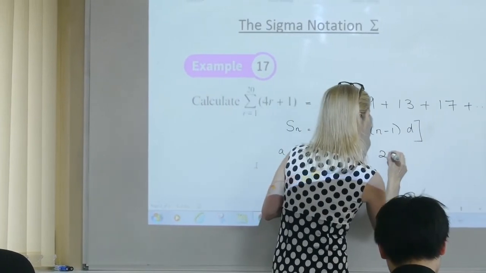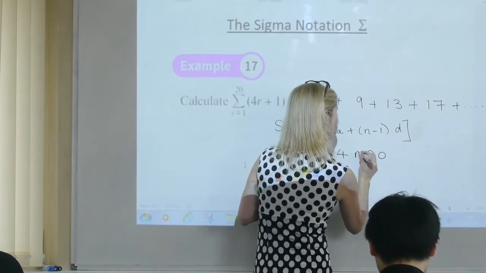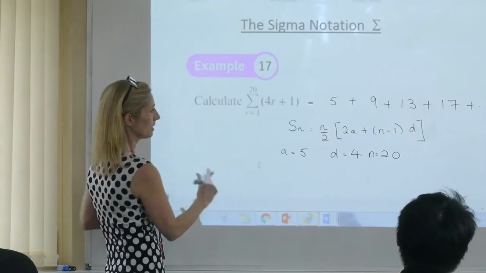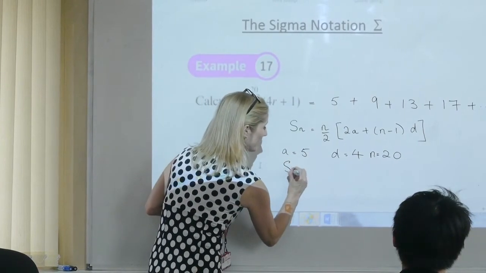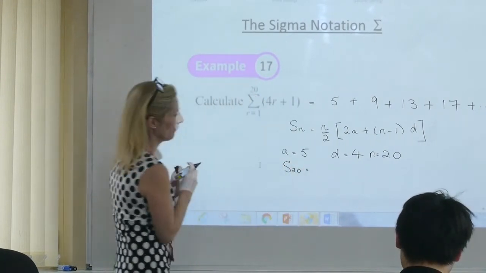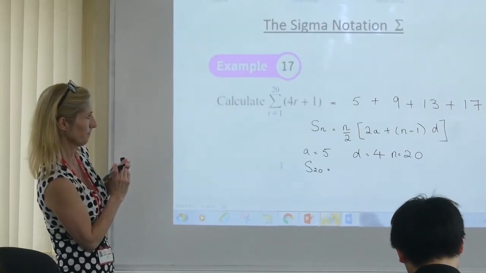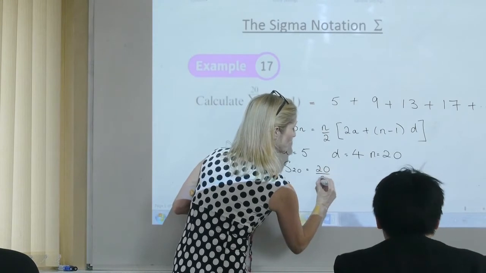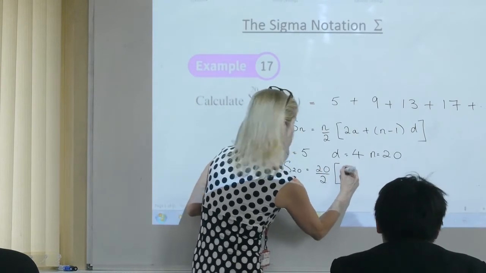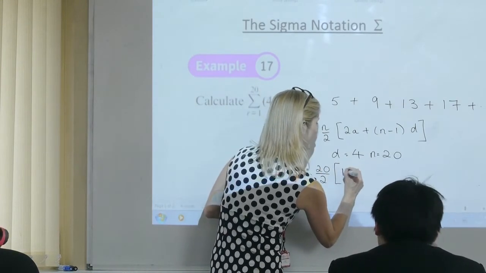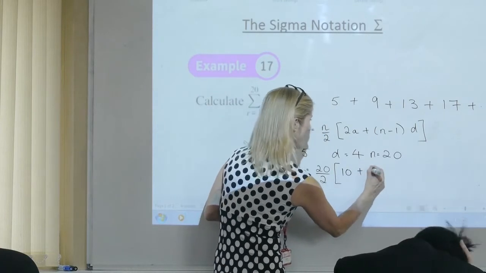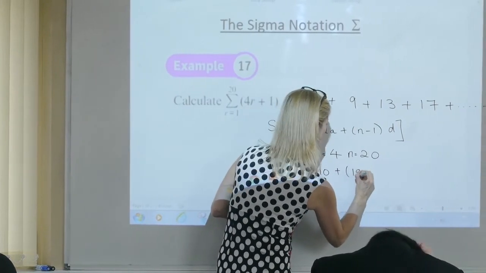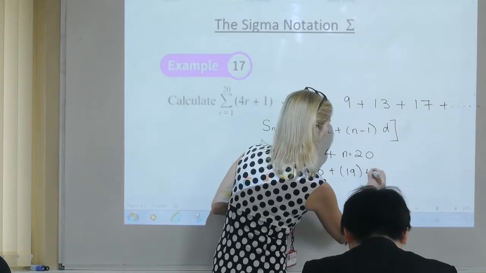So what you then do is you substitute all of this information into the formula to come up with the sum of the 20 terms. Okay. So, substituting in 20 over 2, 2 lots of a, which is 10, plus n minus 1, so that's 19 lots of 4.